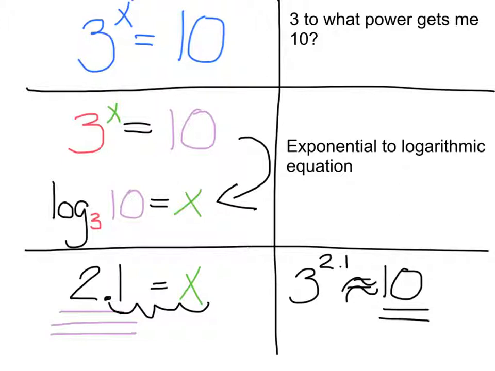The big idea is that we can take an exponential equation, rewrite it as a logarithm, and then take that logarithmic equation, put it into our calculator, and get a value of x that works. With practice, it's going to be very important for you to learn how to make these conversions.